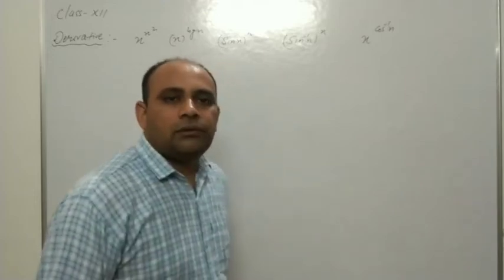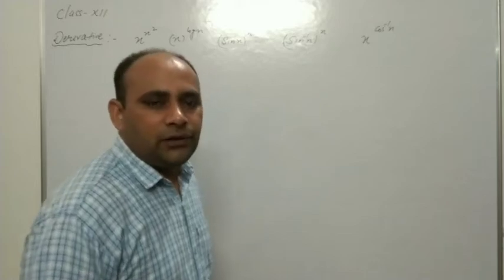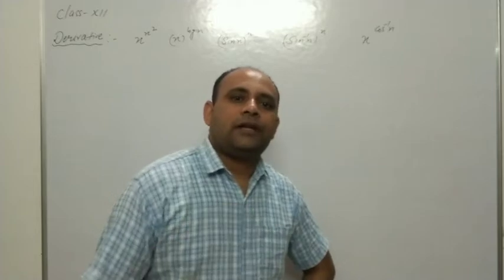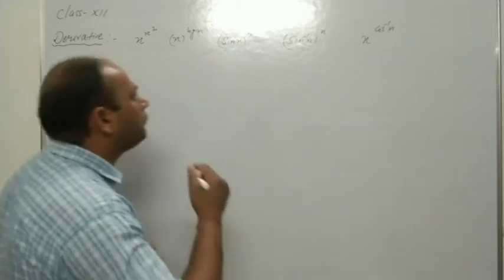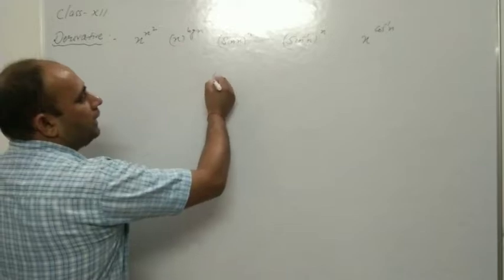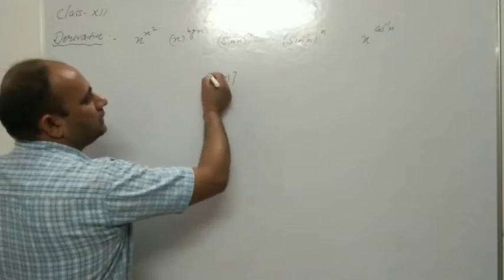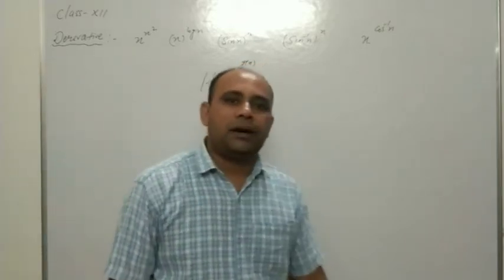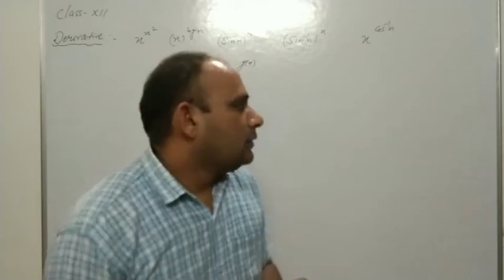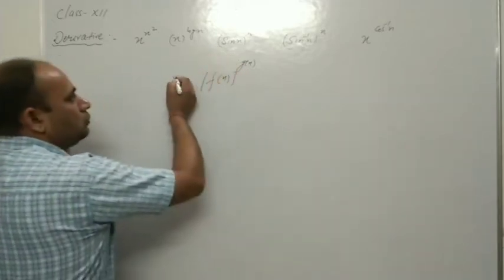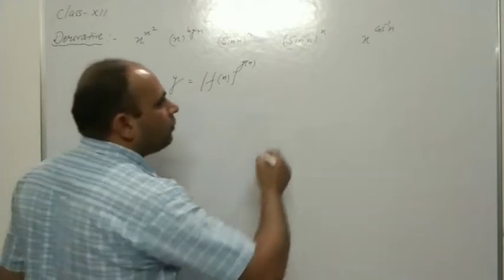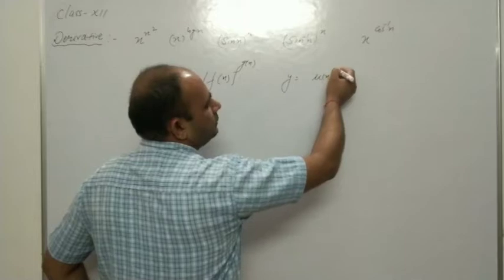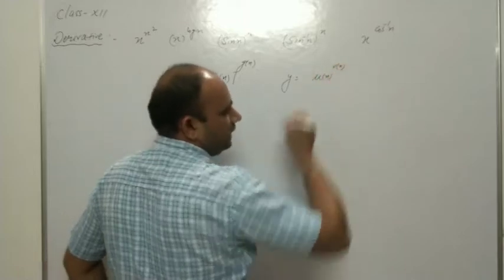Dear students, we have started derivatives and today we will do the derivative of a function in the form of f(x) raised to the power g(x), and we suppose it is equal to y, that is, y is equal to u(x) raised to the power v(x).